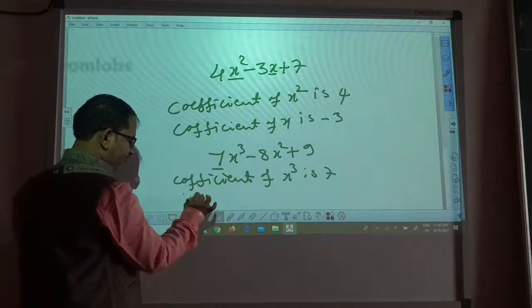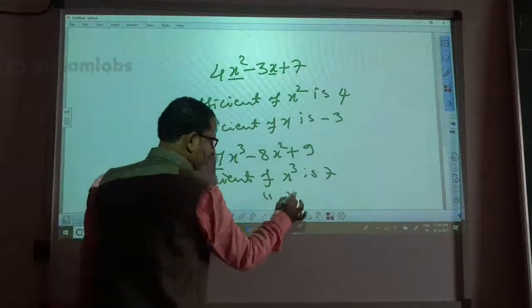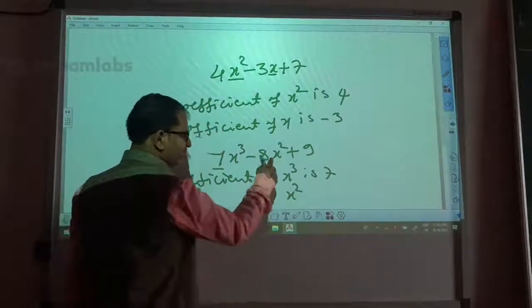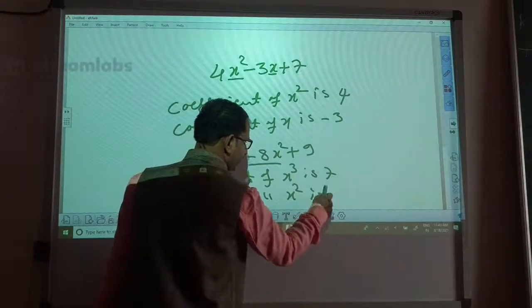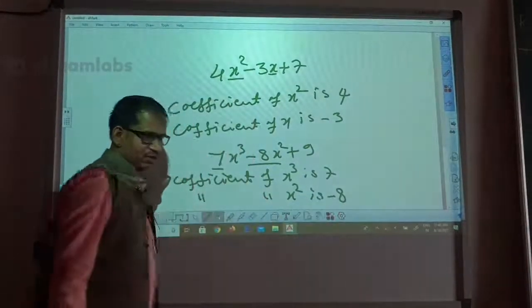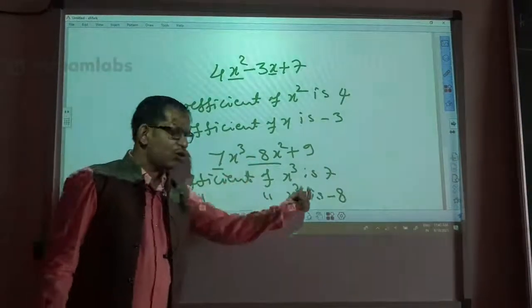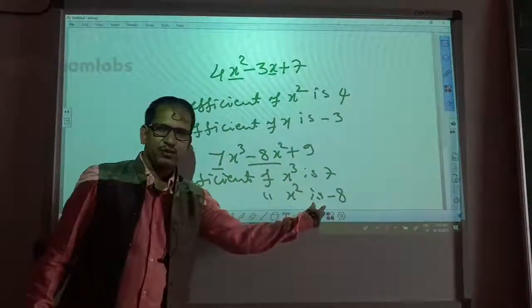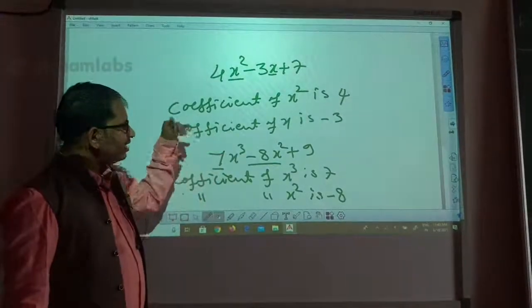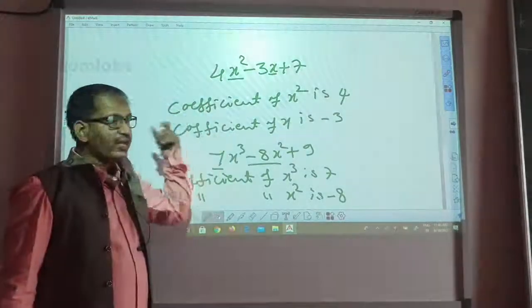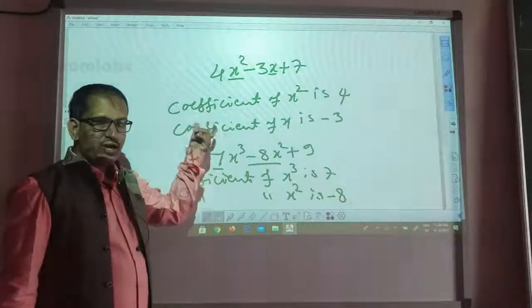What is the coefficient of x square? Minus 8. If it is minus, then minus. If it is plus, we can write plus also. So the coefficient of x square is minus 8. We can write any coefficient in any polynomial, whatever we want.